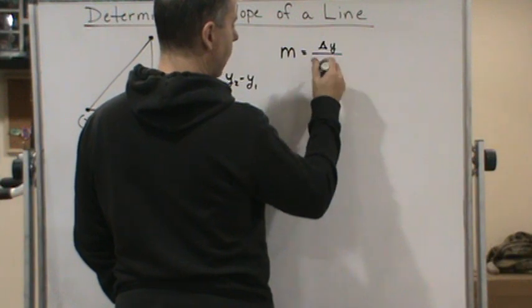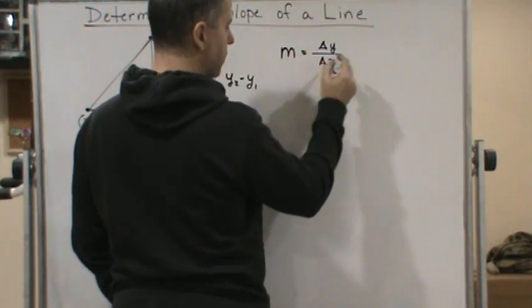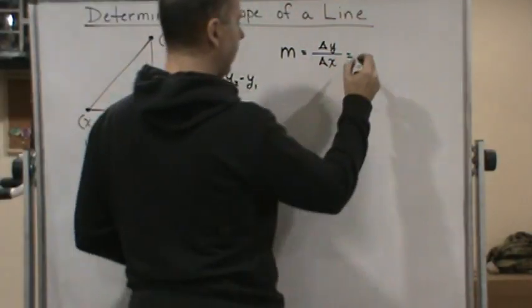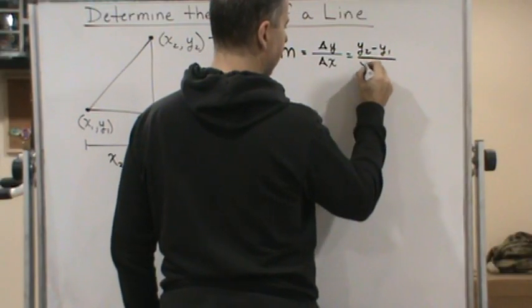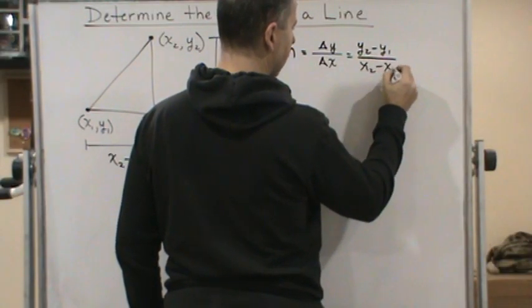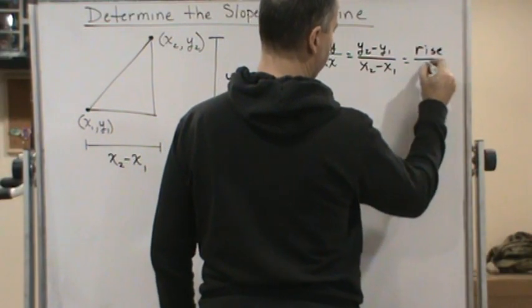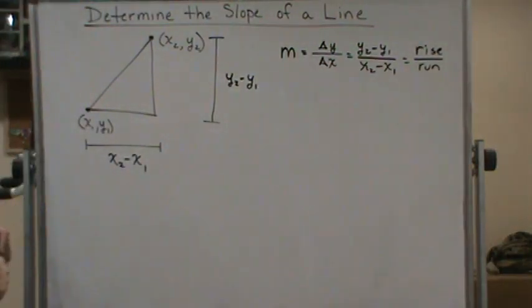So delta y divided by delta x, change in y over change in x. That means y2 minus y1 divided by x2 minus x1, or we can call this rise over run too. That's another way to remember it. And that is how we calculate the slope of a line.